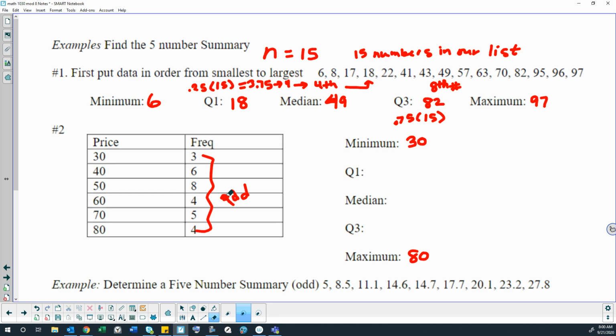It would behave better than my tablet. I don't like my handwriting. So we're adding these numbers together. So 3 plus 6 is 9, plus 8 is 17, plus 4 is 21, 26, 30 numbers total. Is that what you guys got? 30 numbers? Awesome.